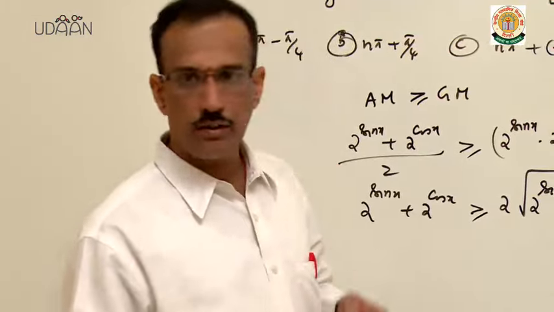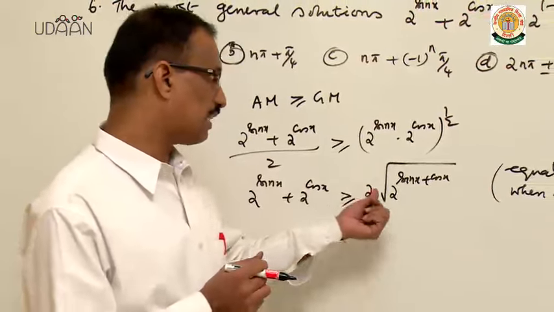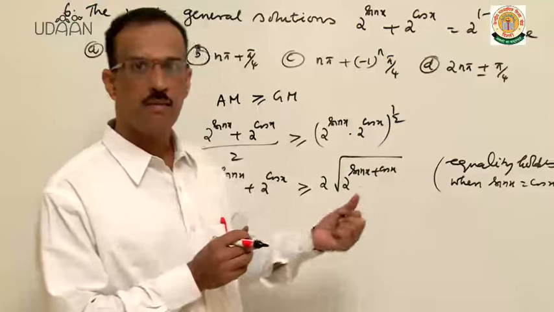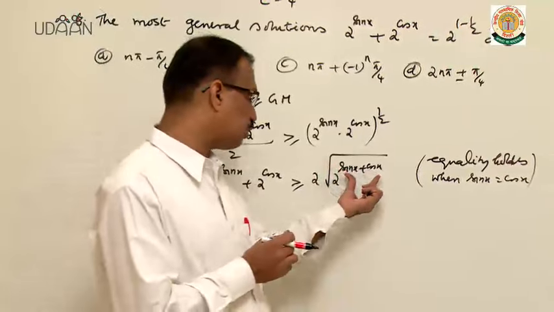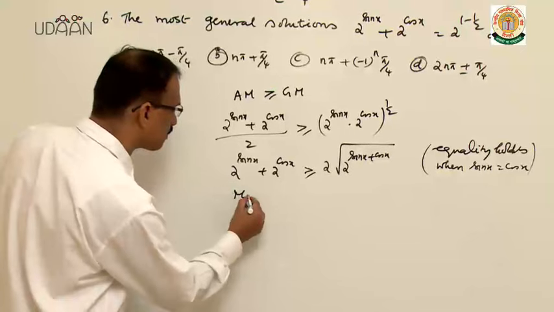The minimum value of sin x plus cos x is minus root 2.